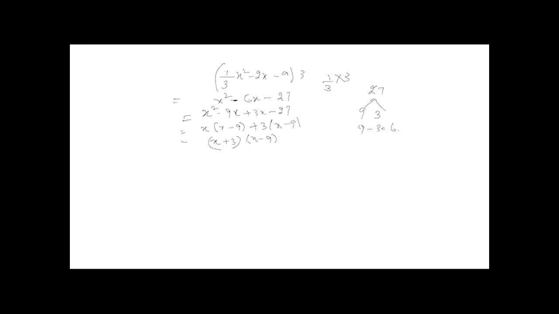What has happened is, let me write again. Whenever there is a fraction as coefficient, we have to remove that coefficient. Here, this is 1 by 3. To remove this 1 by 3, if you multiply by 3, it will become 1, correct?